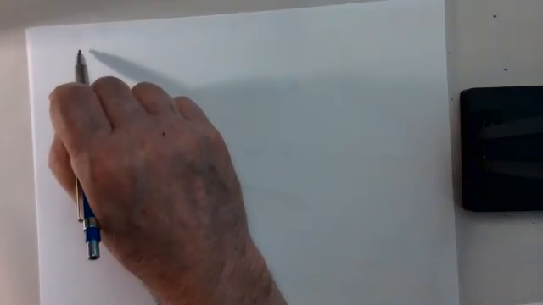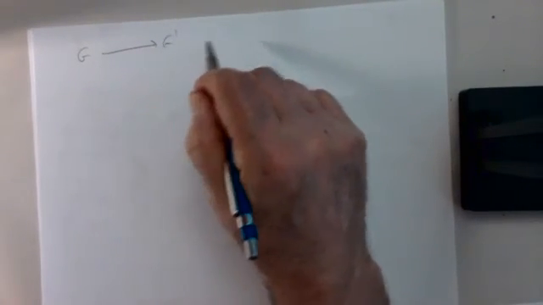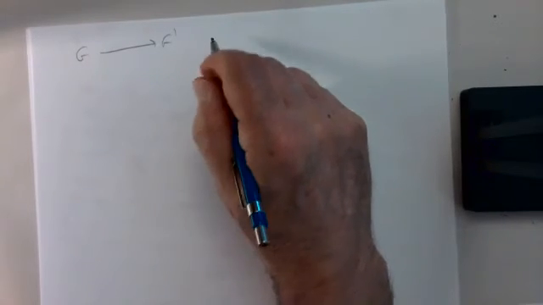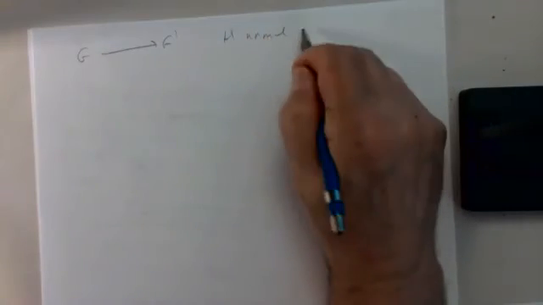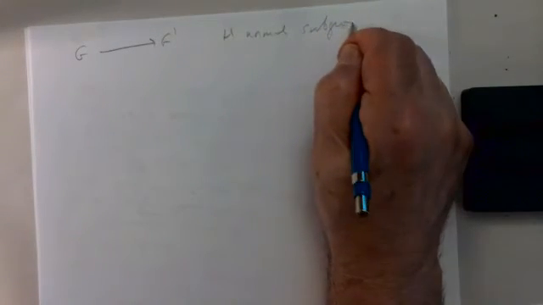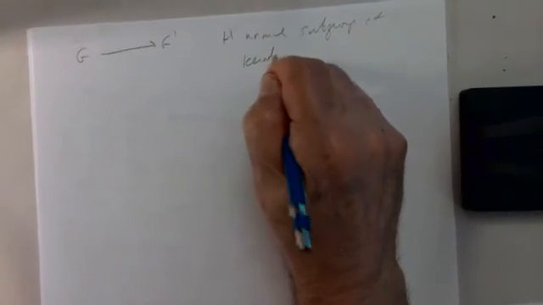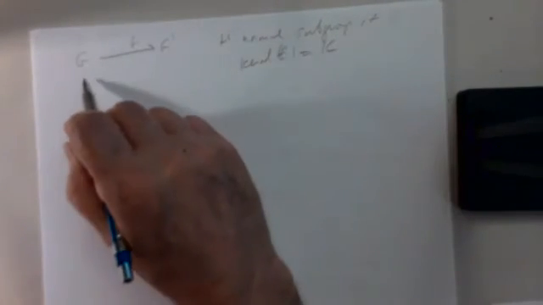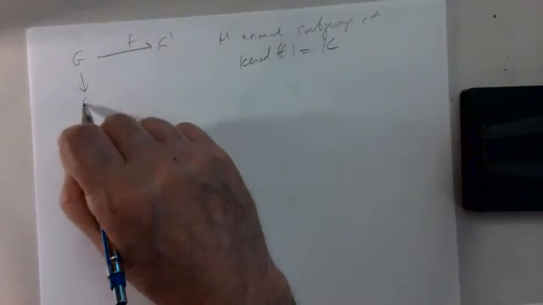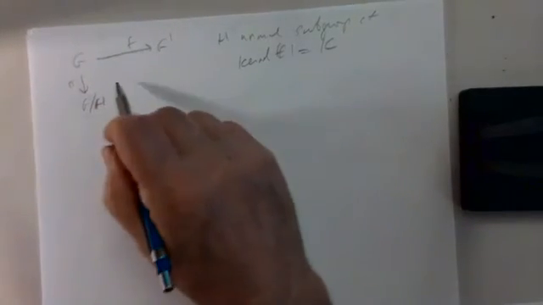Well, so we have a homomorphism from G to a group G prime. And I proved that if H is any normal subgroup of the kernel of this homomorphism, which I'll call K, then you can map G to G mod H. That's just the canonical homomorphism.